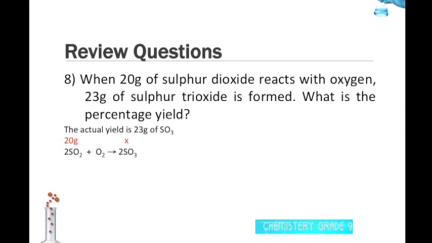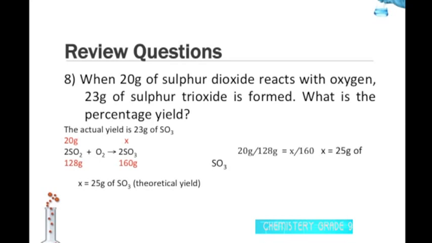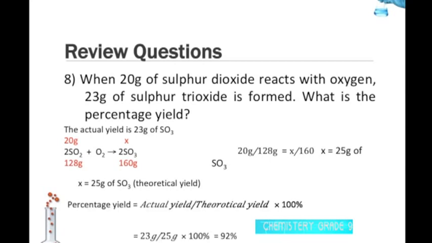First, we write the known and the unknown and the mass on the bottom. We set up the proportion and solve for x. 25 grams of sulfur trioxide. This is the theoretical yield, but what is the percentage yield? We have to divide 23 grams by 25 grams multiplied by 100 to get 92%.